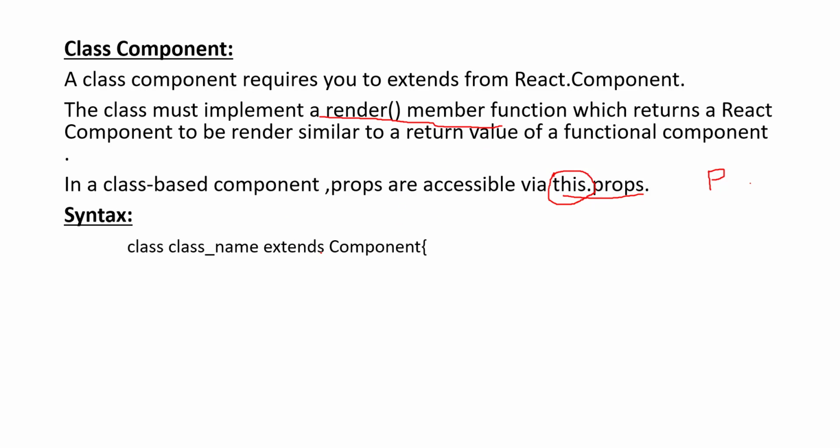class ClassName extends Component, for the first line. A class component requires you to extend from React.Component. It means class is a keyword for class component, then class name is the name of the component which we will create, and that must be capital. It extends Component. This is the meaning of the first line.